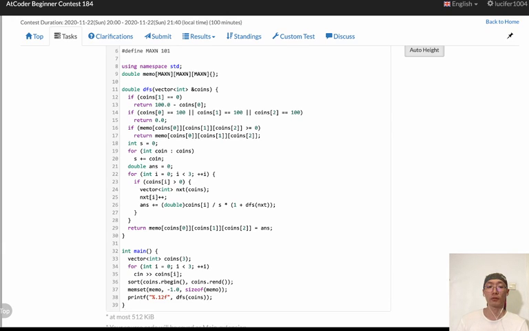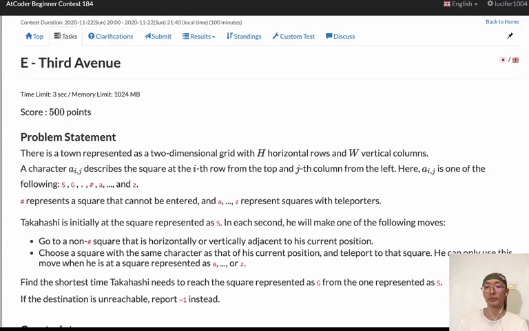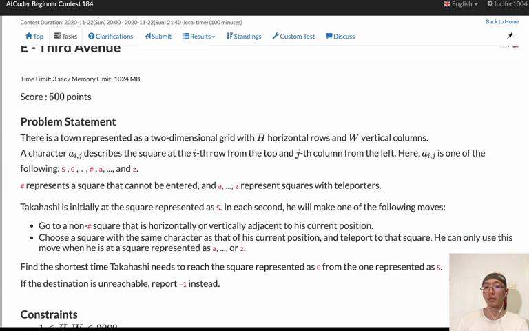Okay, that's all for problem D, and now we will go to problem E, Third Avenue. So here we are met up with a very familiar problem. We have a two-dimensional grid with H horizontal rows and W vertical columns. So we have a starting point S and an end point G. Empty cells are dots, and we have walls which we cannot cross.